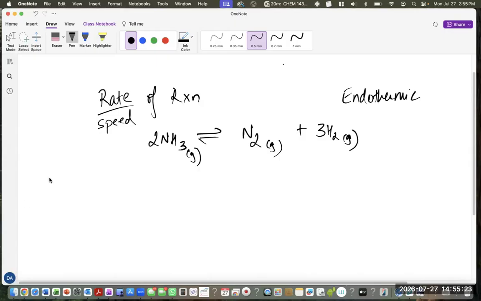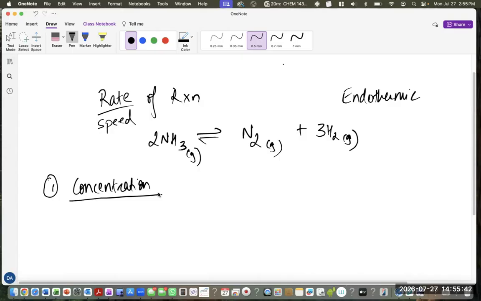The first factor that we are going to discuss is going to be concentration. Now, when you think about the rate of the reaction, like we said, it tells you the speed of the reaction.